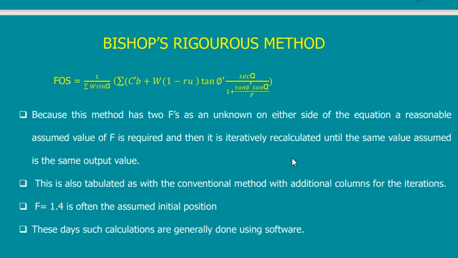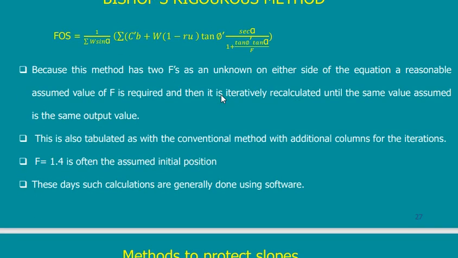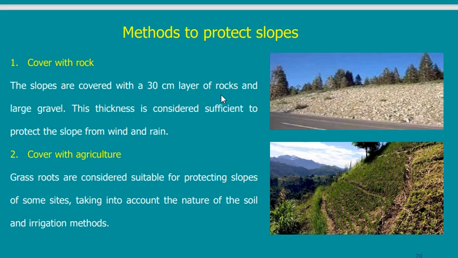So we just know that Bishop proposed two methods, the conventional and the rigorous. The rigorous is very complicated, so we just know it to understand it.